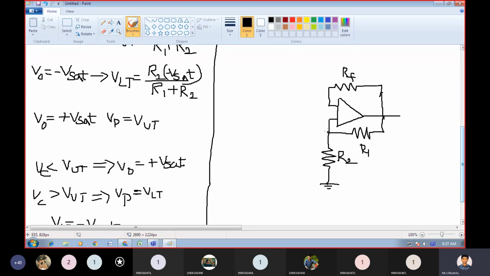So here we have V reference. This is the positive and negative, or inverting, non-inverting. Here we have a capacitor. You need to connect this to ground.